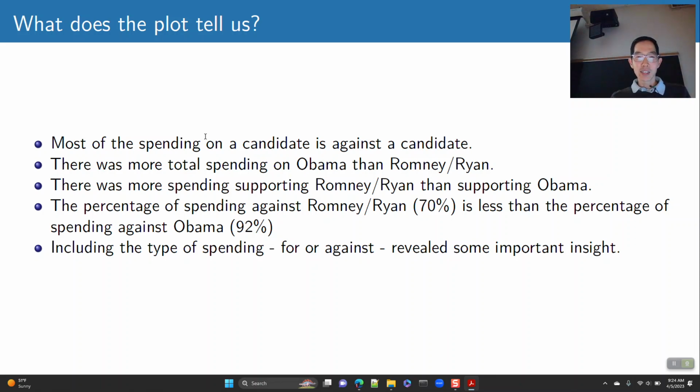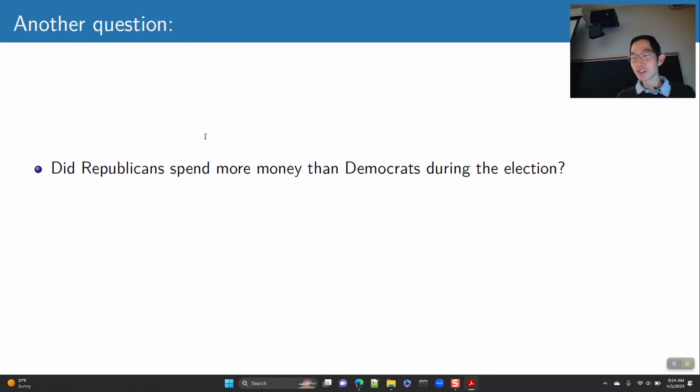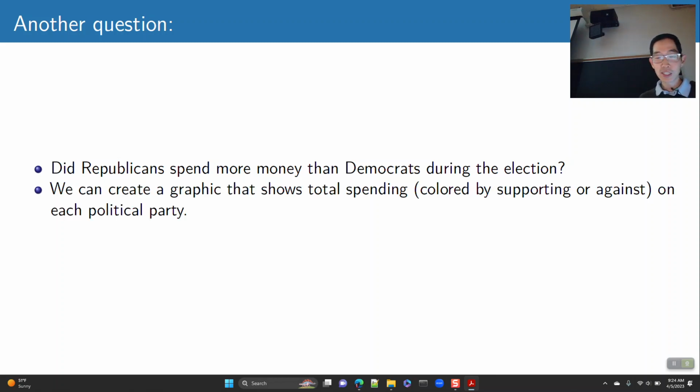Okay, so let's explore the data a little bit further, and we can ask this question about Republicans versus Democrats. Did Republicans spend more money than Democrats during the election? Let's look at the total spending, either supporting or going against.